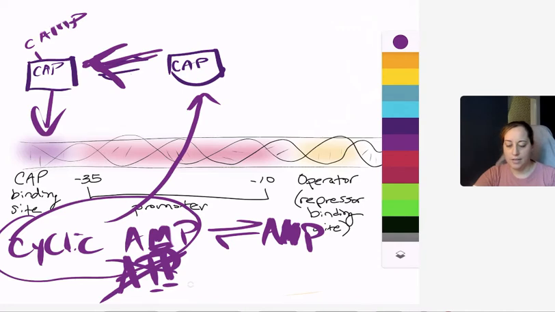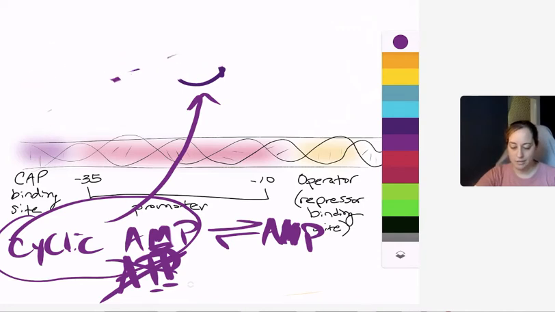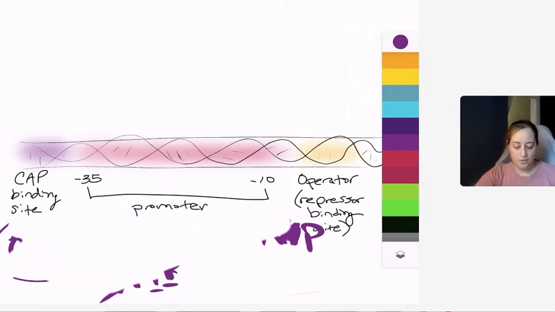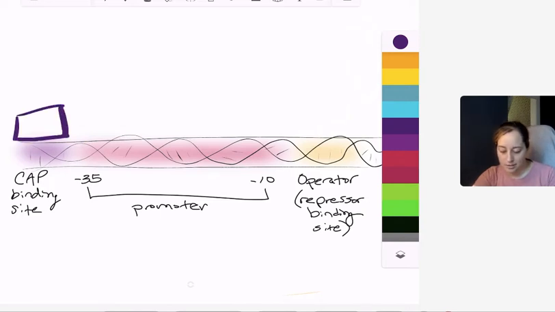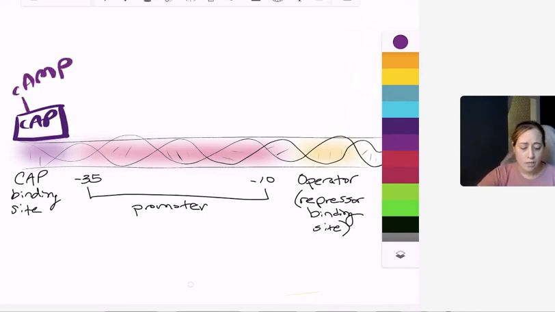And all right, what does that mean? We just talked about a whole bunch of different stuff, two different configurations for this protein. What does it mean when this protein is bound at the cap binding site? So if we have it here, and then we have cyclic AMP, well, what is it right next to?